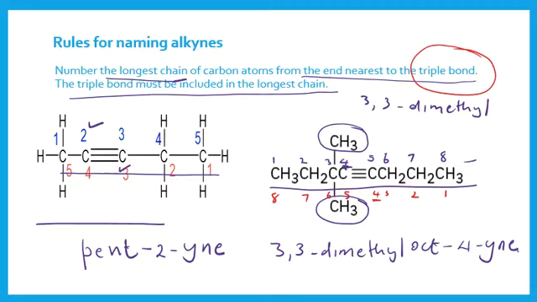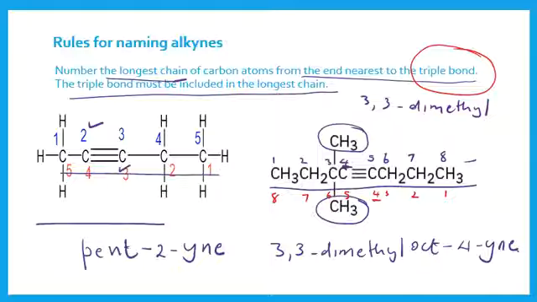Right, so the rule says we must number the longest chain of carbon atoms from the end nearest to the triple bond, and the triple bond must be included in the longest chain. Okay, so now our organic molecule has already been numbered. Okay, so we have the blue numbers and the red numbers.